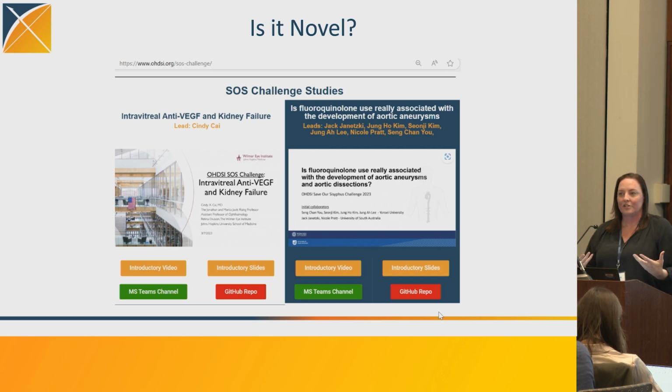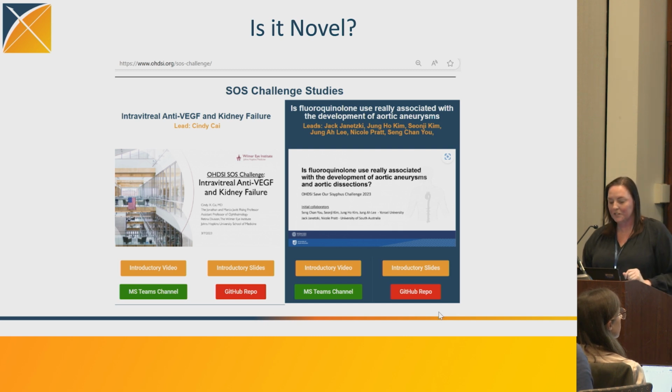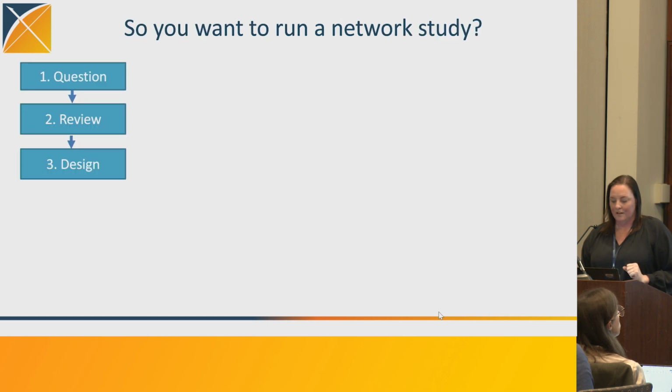So that was the origin of that particular question. Okay, can we unpack this safety concern that has been highlighted in other observational studies and implement a rigorous study using the OHDSI framework to understand that risk? Okay. So two slightly different questions, but really important and impactful research.